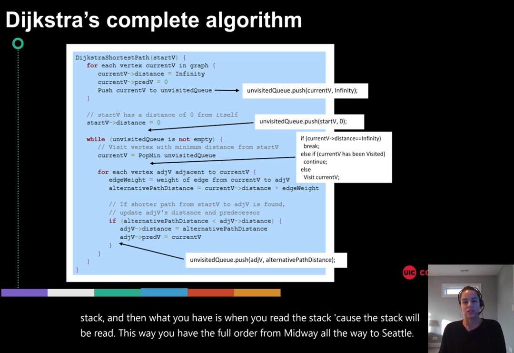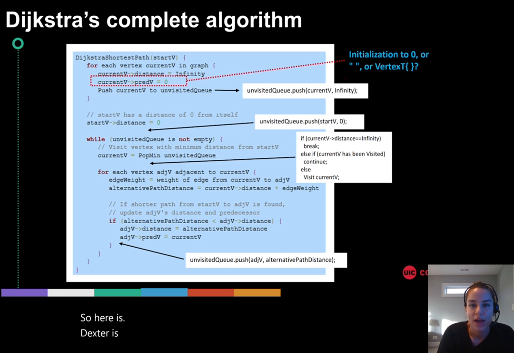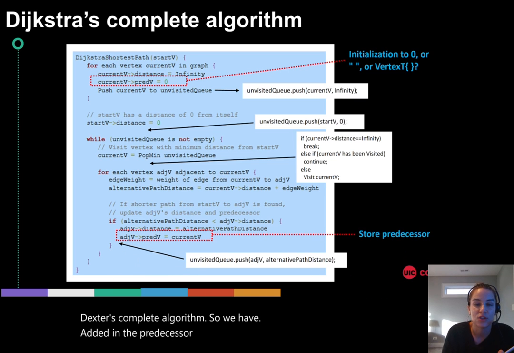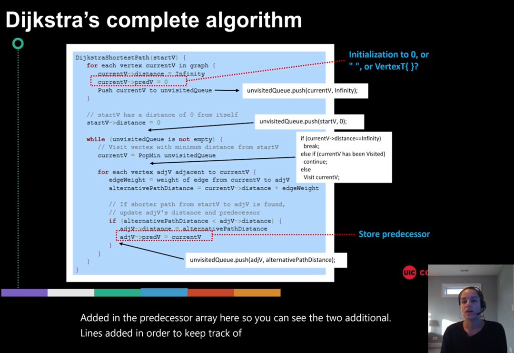So here is Dijkstra's complete algorithm. We have added in the predecessor array here, so you can see the two additional lines added in order to keep track of the predecessor. It's really no more complicated than keeping track of the distances.